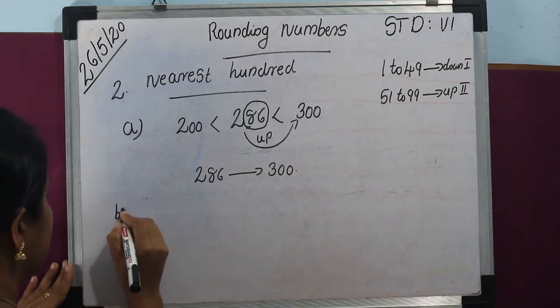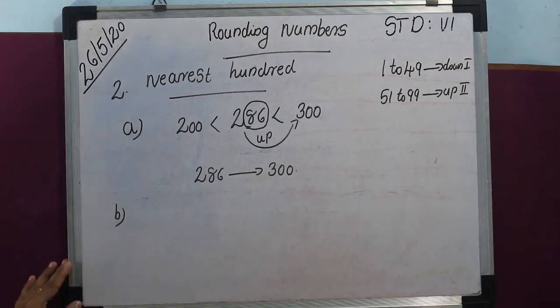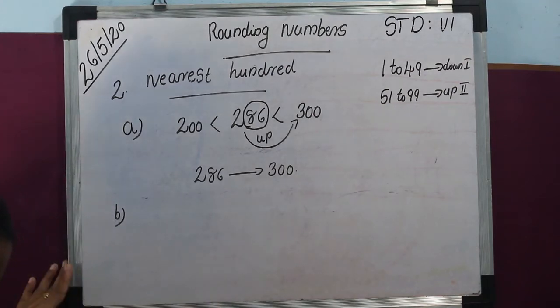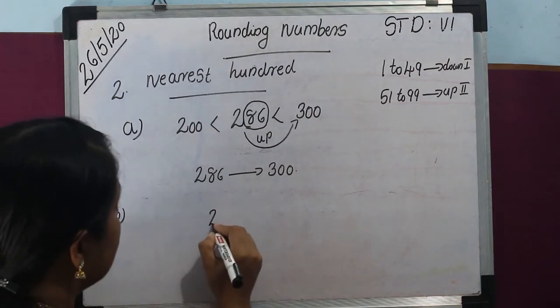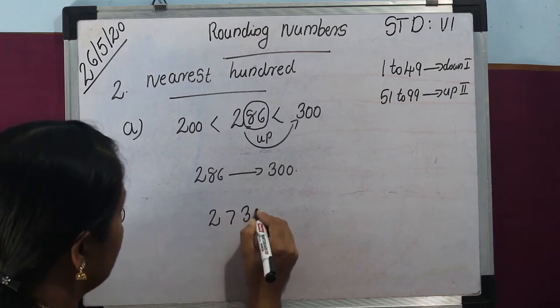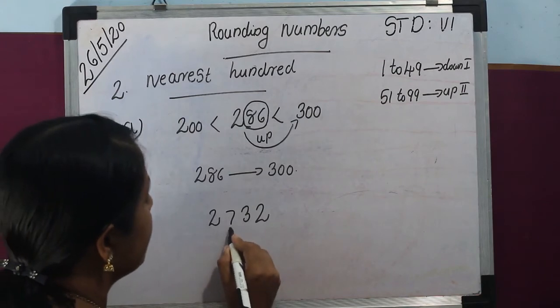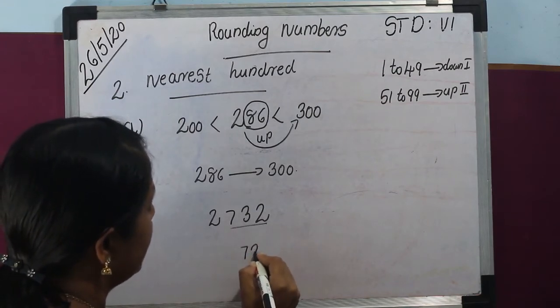Consider our second example, 2732. Actually this is a thousands place number. Here we want only the hundreds part, that is 732.